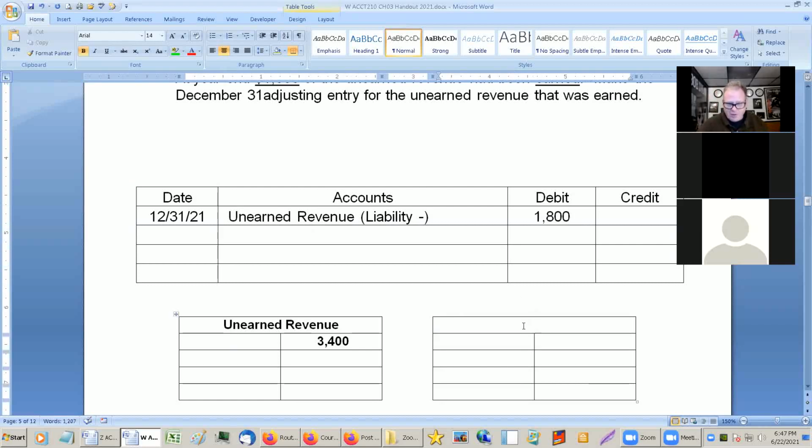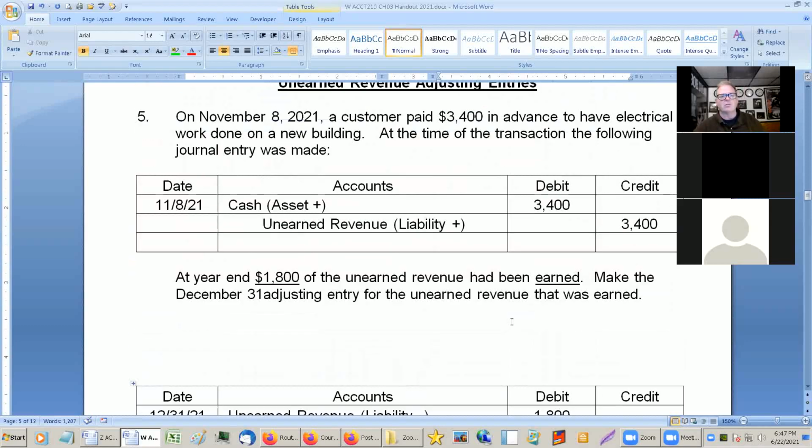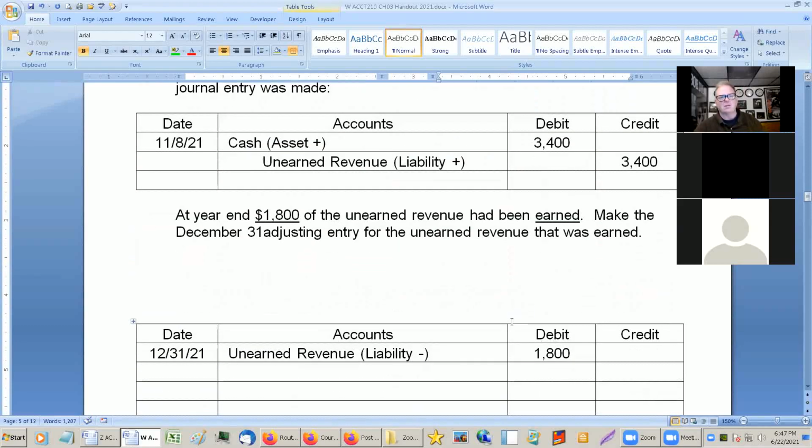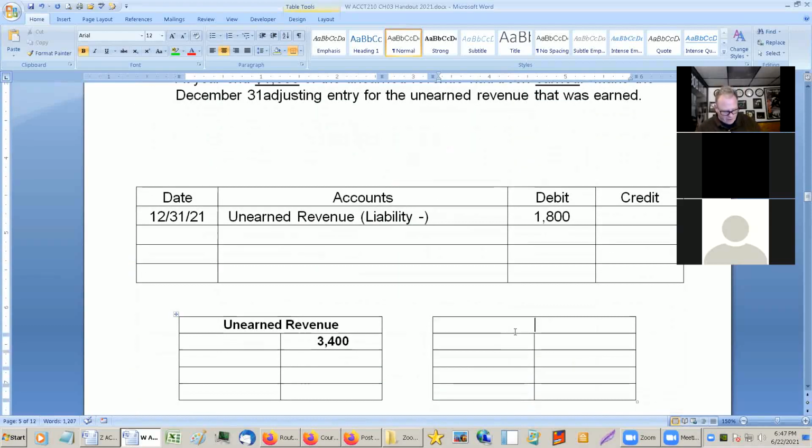And then the other side, you're right. We go to some kind of revenue. It could be service revenue. Service revenue is fine. It could be any kind of revenue. So service revenue is 1,800.